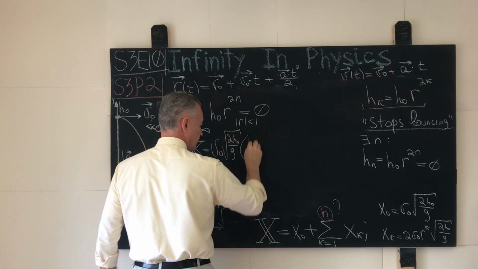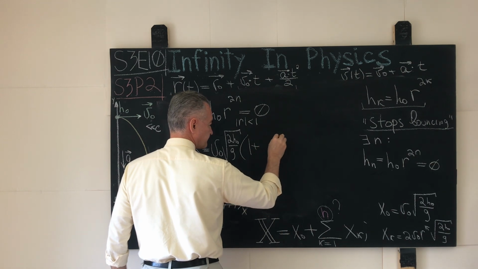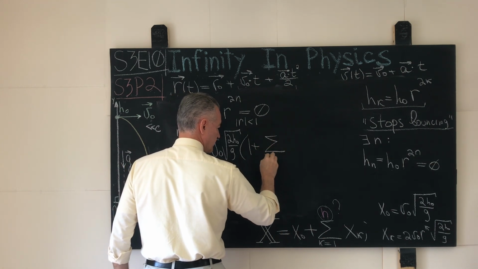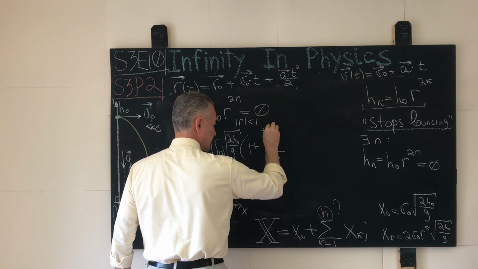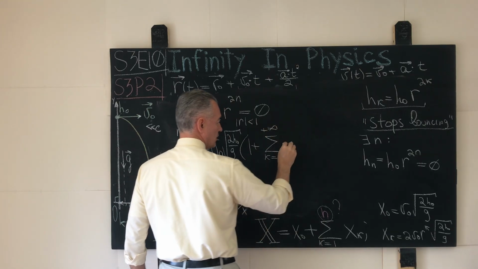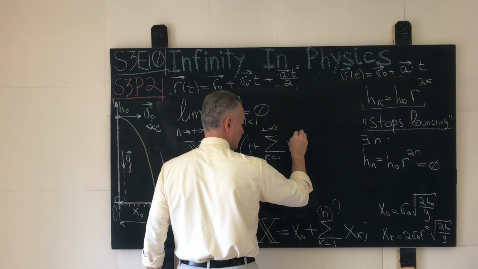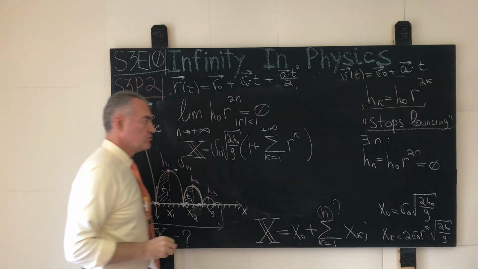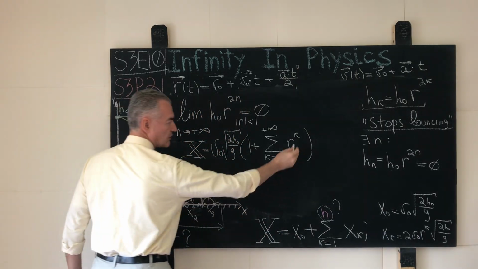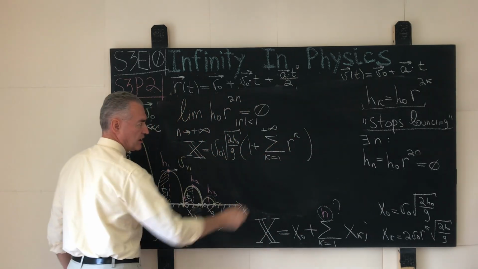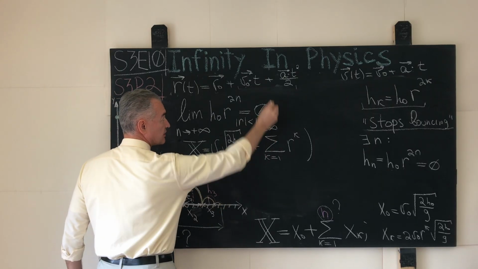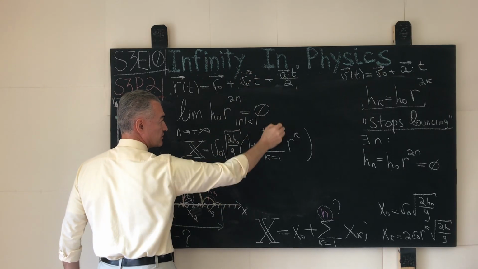And what do we have? 1 plus the sum that varies from k equals 1 to positive infinity of r raised to the power k. Again, this is how infinity enters the world of physics.